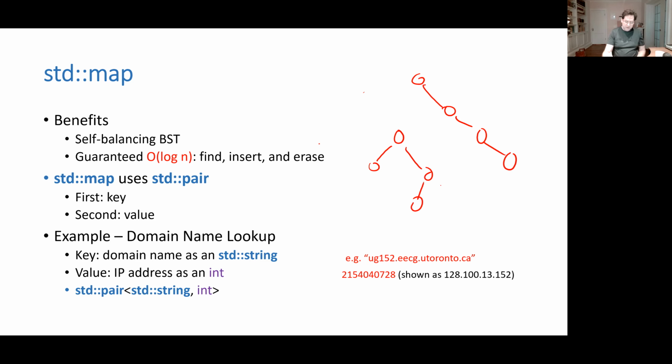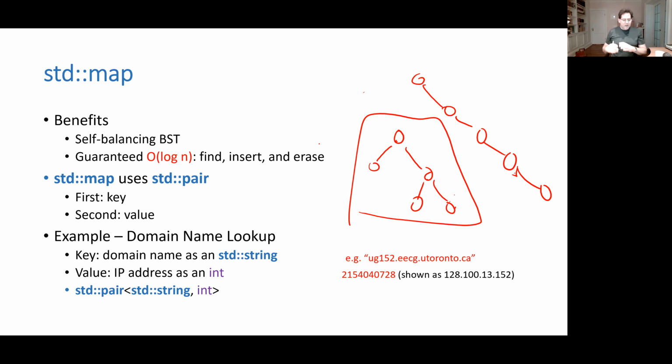So it looks like this. And this has fewer levels, so it is faster to search because every level implies one more comparison. The binary search tree in the STL is fast. It guarantees log n find, insert, and erase.